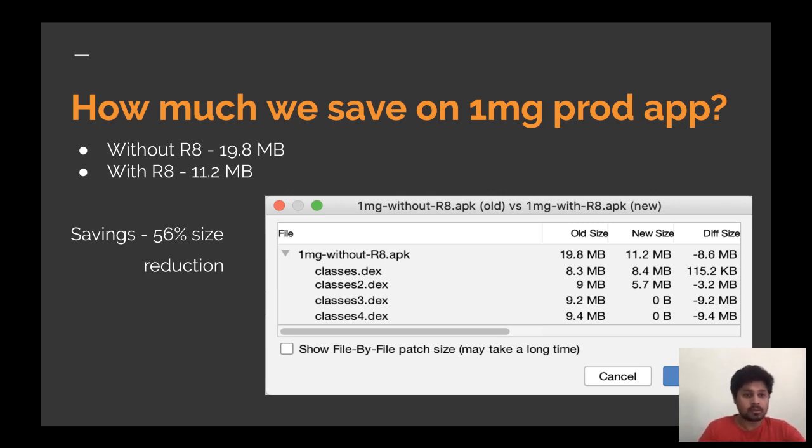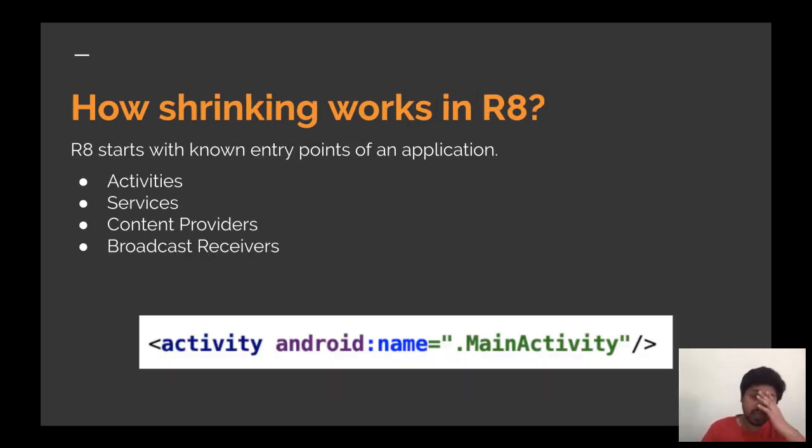Now comes the main portion: how shrinking works in R8. R8 starts the shrinking with the known entry points of an application. This is very simple. You can see this is a very simplified manifest file that tells you that the activity has the class MainActivity as its implementation.